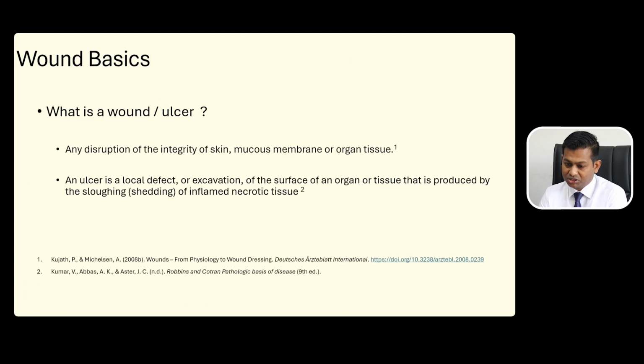So the injurious factor is coming from the outside, versus an ulcer, which is classically described as coming from the inside, or from the patient him or herself. But nowadays it's sometimes very loosely used. So wound, ulcer, whatever, you need to know that there's a defect in the epithelium or the endothelium.